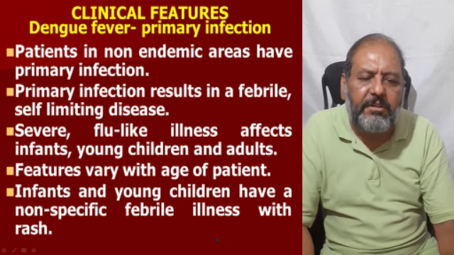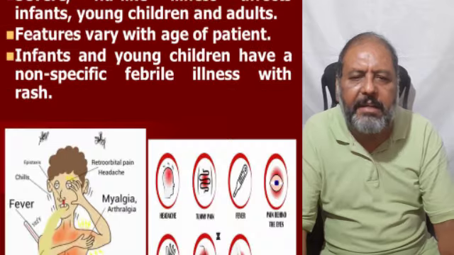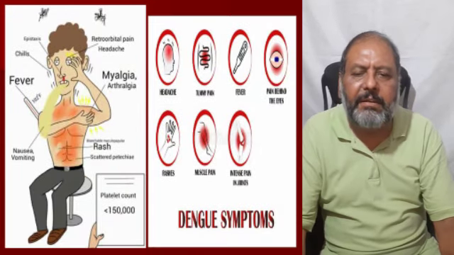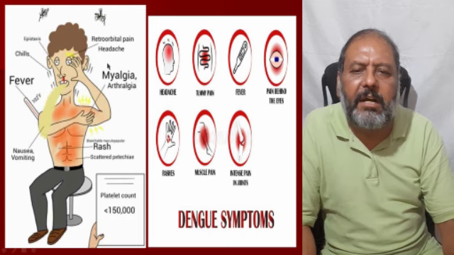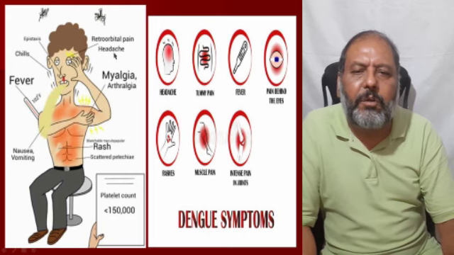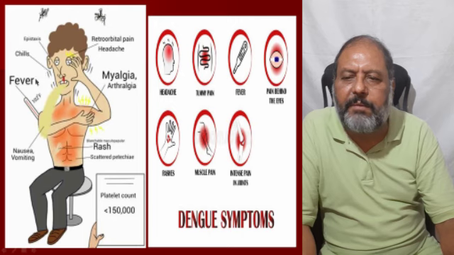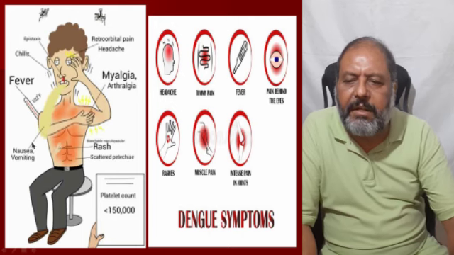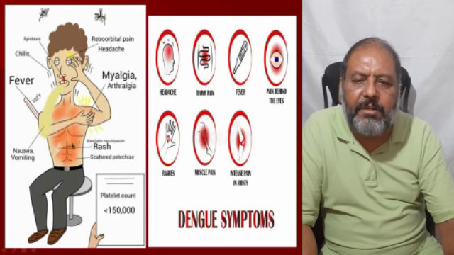Infants and young children have a non-specific febrile illness with a rash, and here one can see the patient complain of arthralgia, myalgia, retroorbital pain, headache, epistaxis sometimes, chills, high-grade fever, nausea and vomiting, and the rash appears.